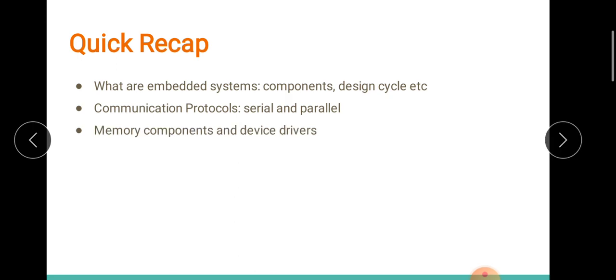Later in the second module we came to communication. Having known about these components, we decided to learn the communication between these components, which was serial as well as parallel communication. We had various serial and parallel communication protocols as well as various communication standards. And later we came to discuss the memory devices, the memory elements of an embedded system, and also the various device drivers present in an embedded system.